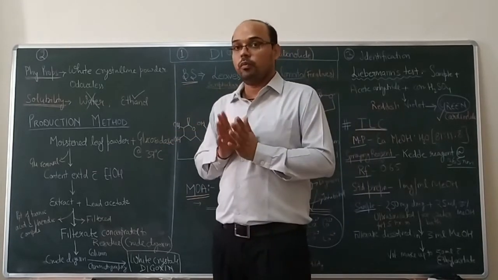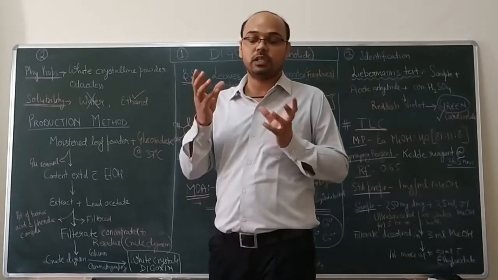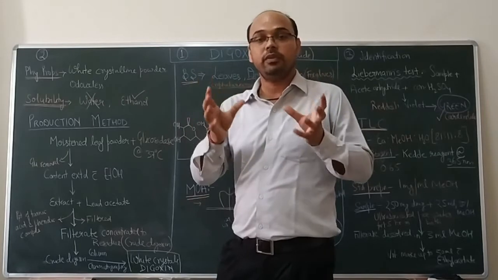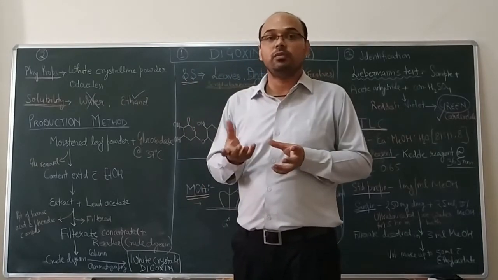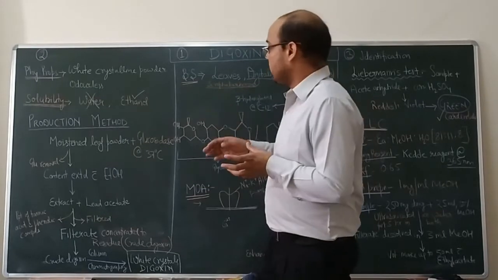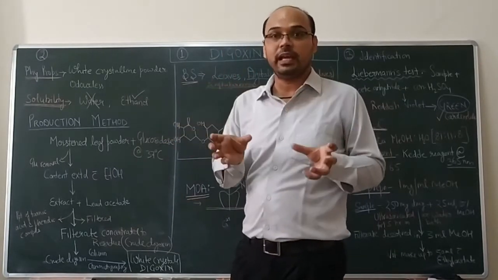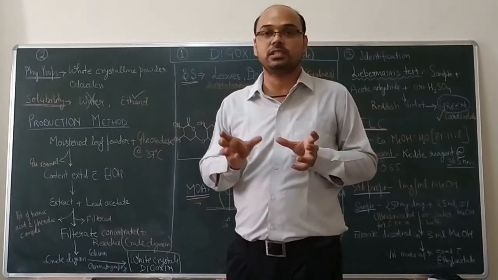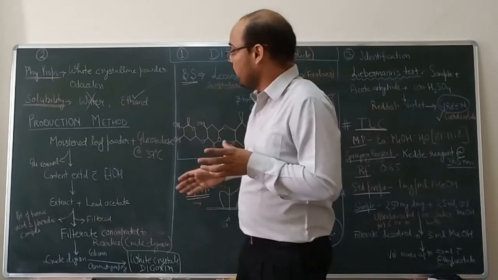What we do is we take the leaf powder and moisten it using water. After moistening with water, we add the enzyme glucosidase and keep the content at 37 degrees Celsius, or you can say equivalent to body temperature.